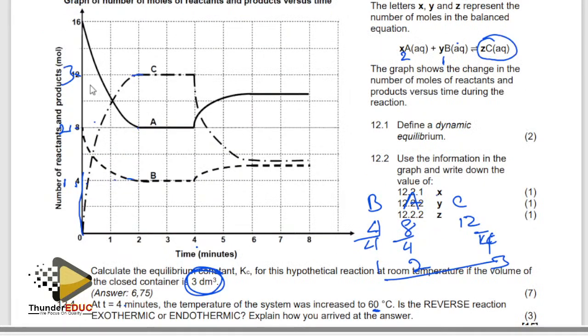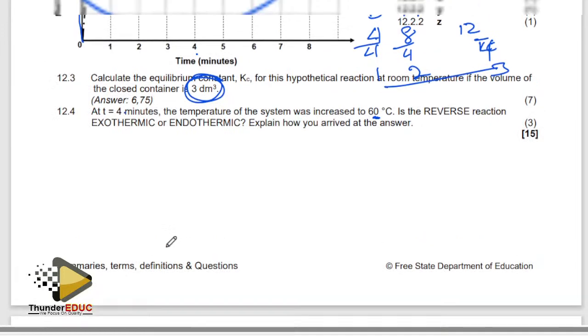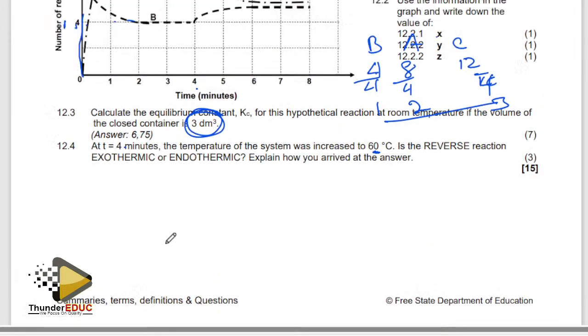It was like this, then reversed. You see? So since it has reversed, what does it mean? It means that it is an endothermic reaction, because the temperature of the system was increased. Is the reverse reaction endothermic or exothermic?